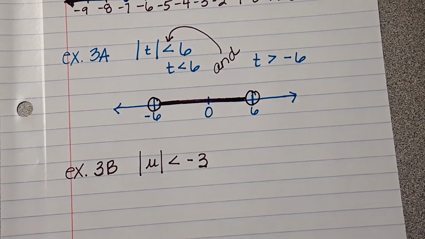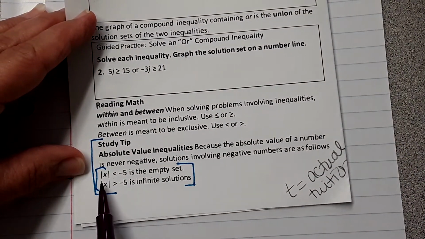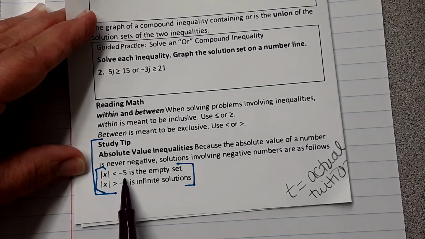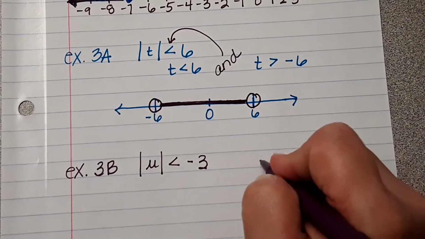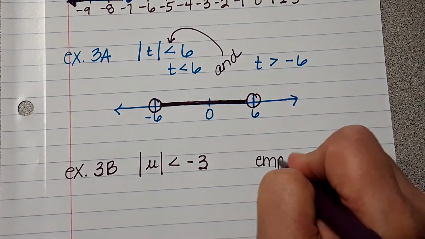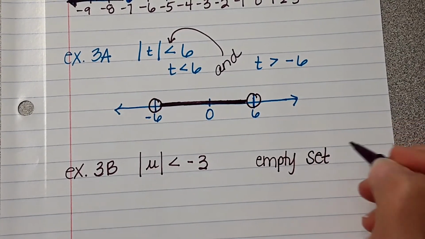Can the distance away from 0 be negative? No. So we know that there's something wrong. That study tip I just gave you said, if the absolute value of a variable is less than a negative number, it is the empty set. So this right here is the empty set. Automatically. And that's all you have to put.